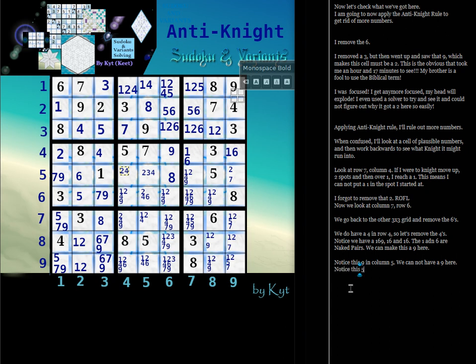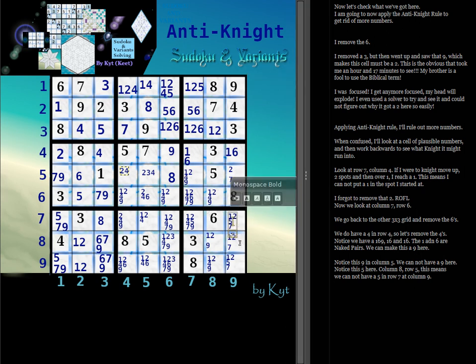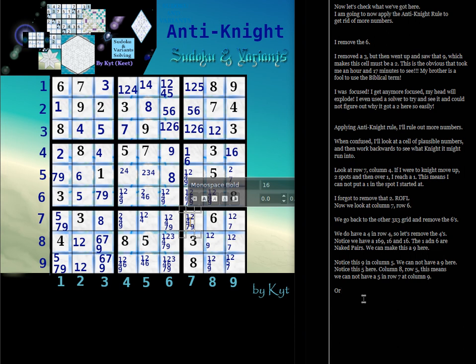Okay, notice this 5 here, column 8, row 5. This means we cannot have a 5 in row 7 at column 9, nor can we put a 1 in column 7.